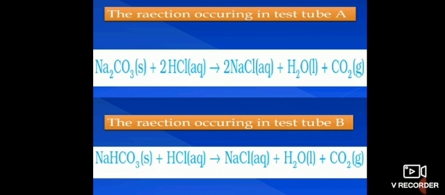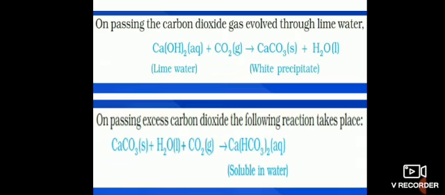In both the test tubes, we observed that carbon dioxide gas is liberated. On passing the carbon dioxide gas evolved through lime water, that means calcium hydroxide, we get a milky white precipitate of calcium carbonate with the liberation of water.